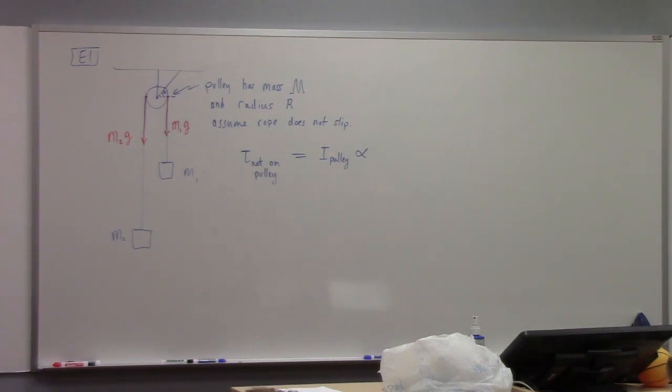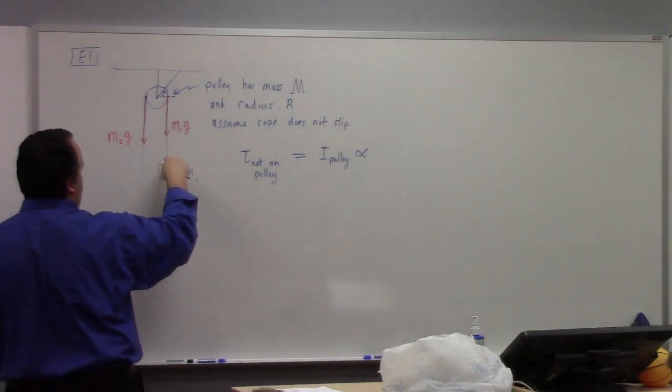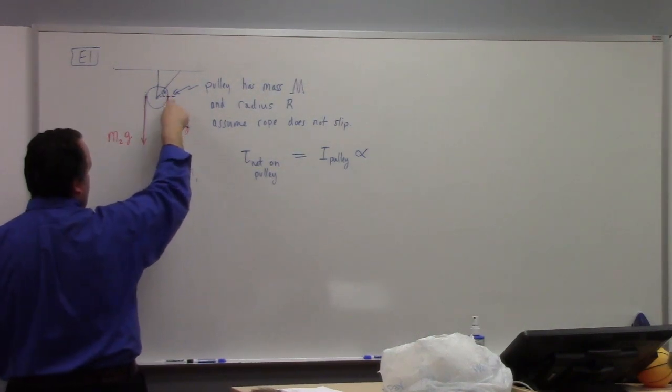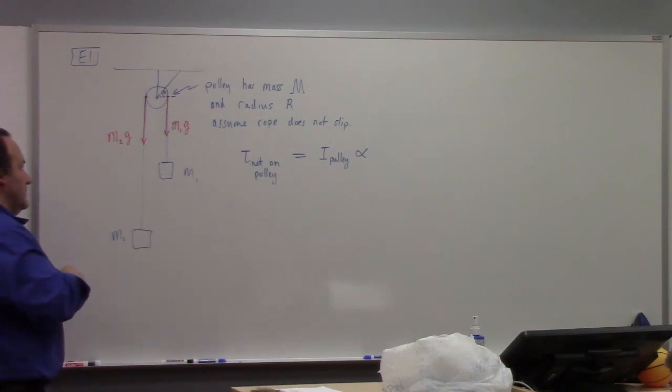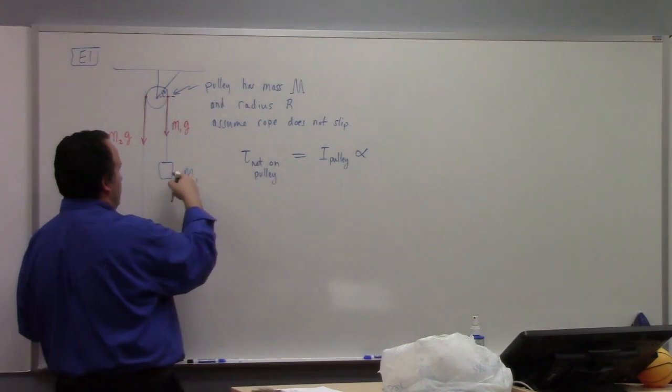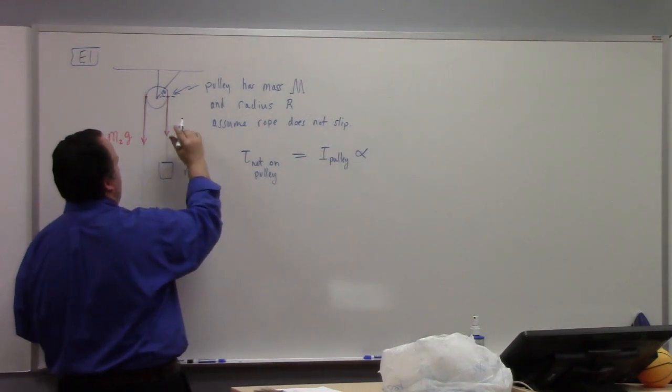The thing I'm a little bit sketchy about here is, is it true that the force that is transmitted by the rope to the pulley is just M1G? I mean, it's the tension, right? It's the tension that pulls on that. Is that right? So how do we figure out what the tension is? Let's think through this for a second.